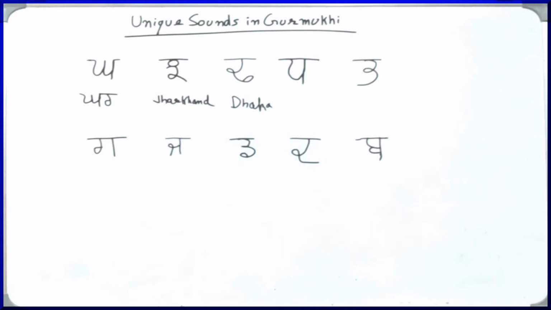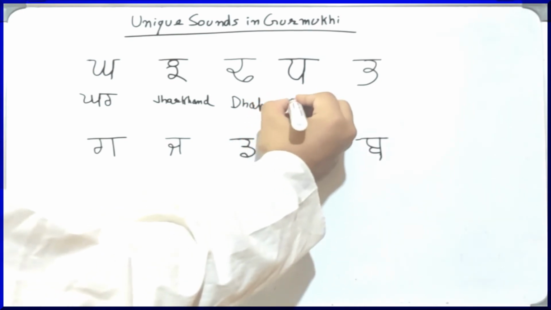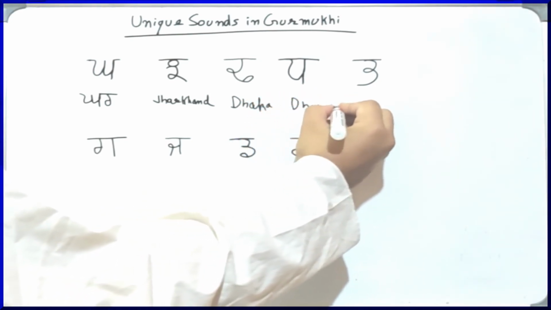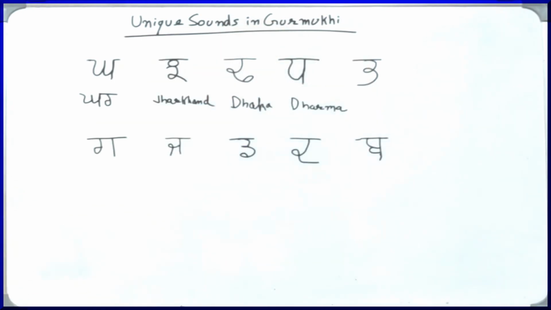From the fourth letter, we can have the example of Dharma. In English, we say Dharma, right? Somewhat the sound of Dadda. It is not Dharma, it is Tarma, or we say in Punjabi Taram.